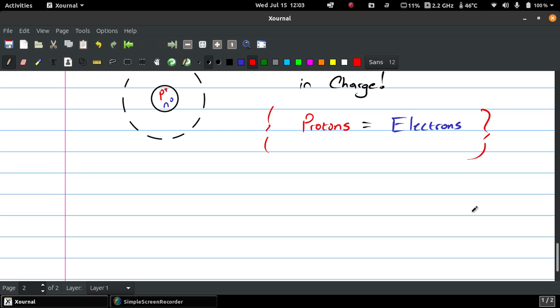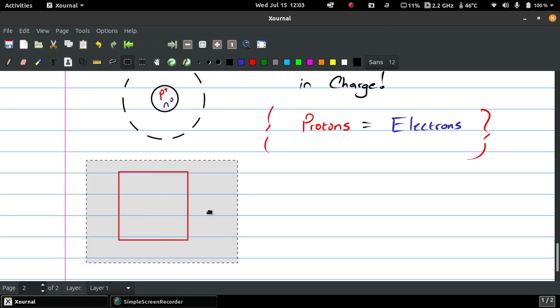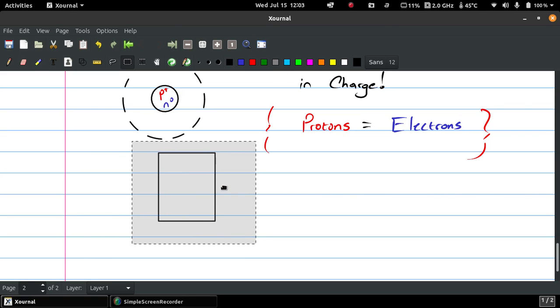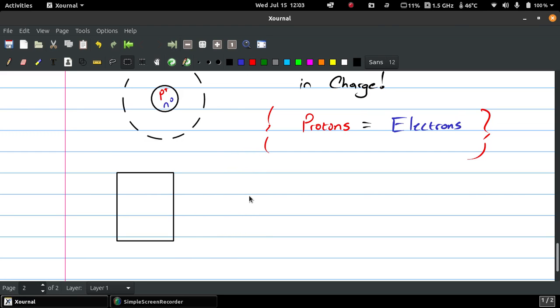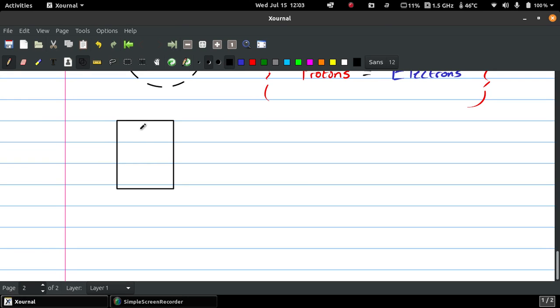So if you can kind of see that, I'm going to give you an example, this might help. Say we have carbon, for instance. Carbon has an atomic number of 6 and an atomic mass of 12.